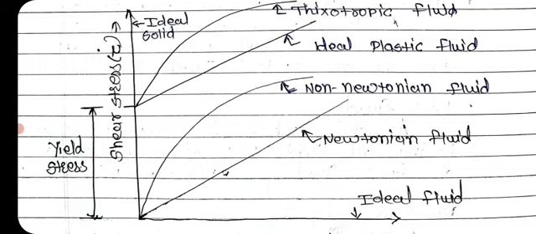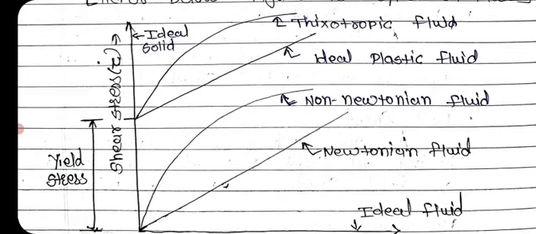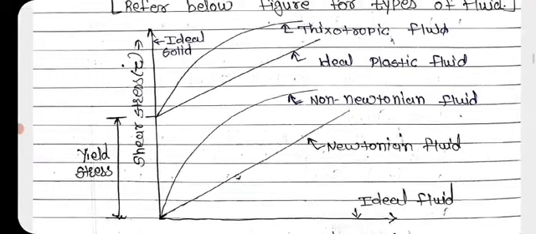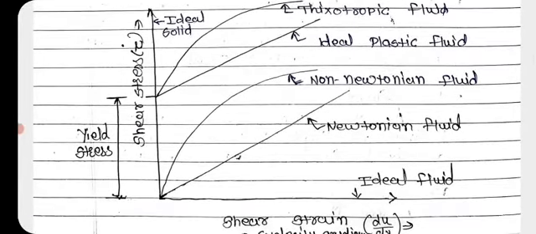Then thixotropic fluid is the same as non-Newtonian fluid, but we get the curve after some yield stress. So we can define thixotropic fluid as having a non-linear relationship between shear stress and shear strain after some value of yield stress. Right? So I suggest you remember this graph to define types of fluid.